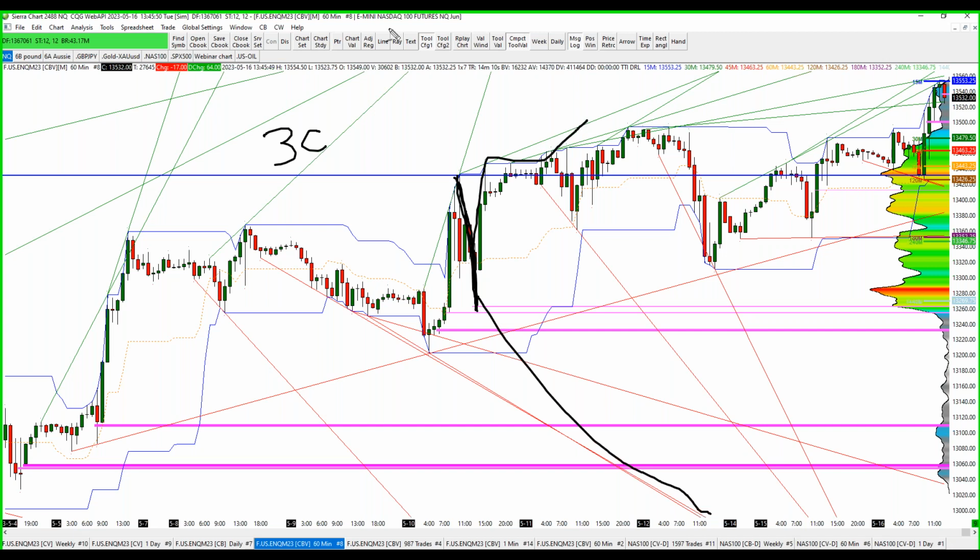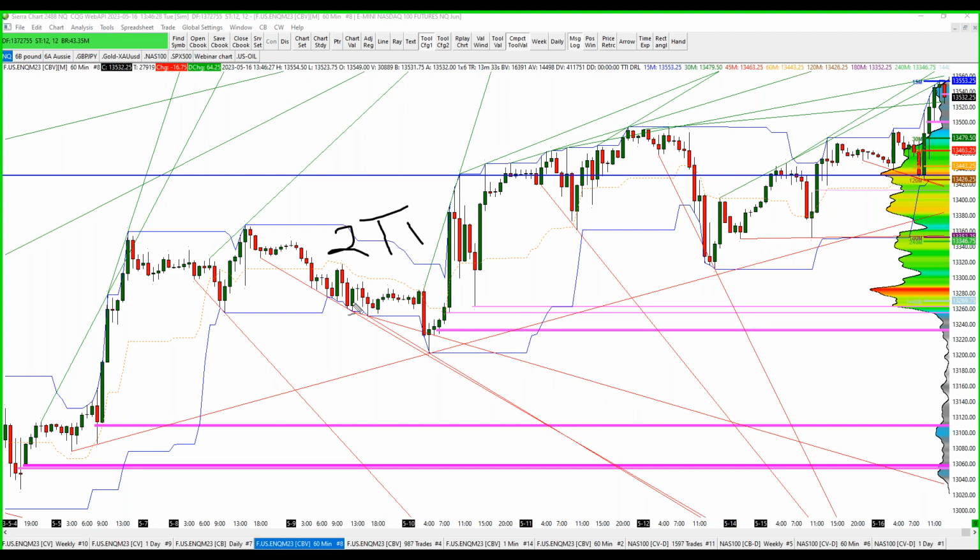But if you have taken the first 2 contracts out, 2 contracts at target 1, let's say plus 100 ticks, you would have made 200 ticks or pips, right? Profit. And if you had a stop loss at break even, you would not have lost money on the last contract. Same thing here. Same thing here.